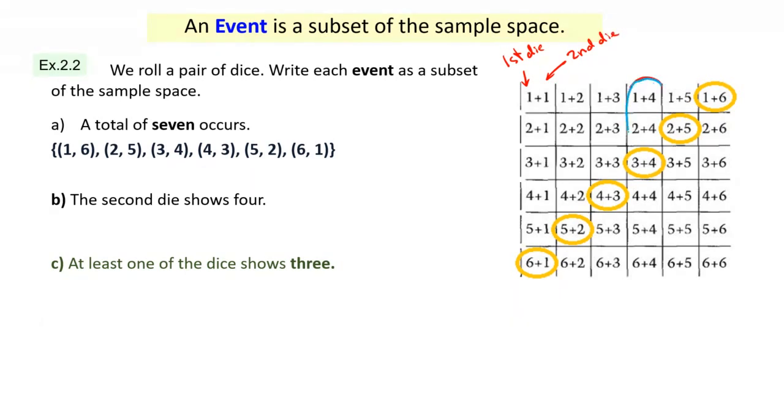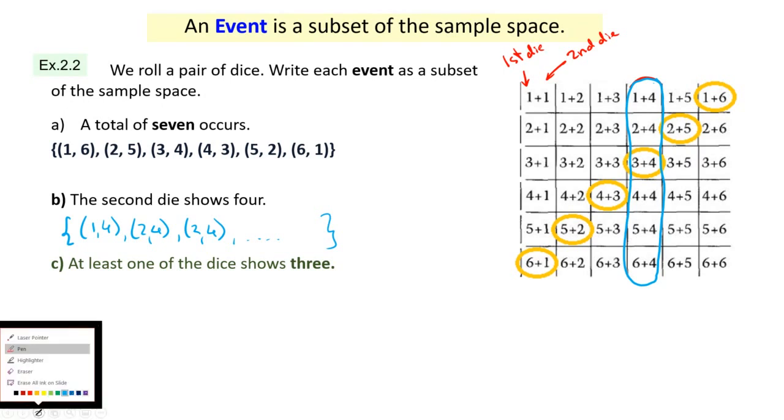Those outcomes show 4 on the second die, and there are 1, 2, 3, 4, 5, 6, 6 outcomes. We can write them as 1 and 4, 2 and 4, 3 and 4, and so on. So 6 outcomes. Another question: at least one of the dice shows a 3.